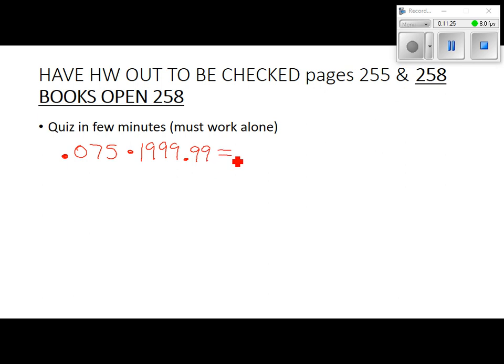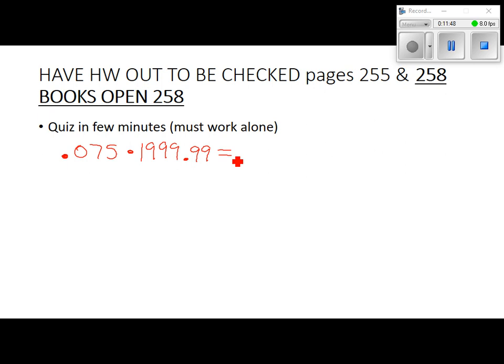Do that on your calculator. What's 0.075? Before you do it, stop. 7.5, that's about Ohio's sales tax. So if you're out buying something that's about $2,000, about how much tax would you expect to pay on it? Less than 10%, that's true.